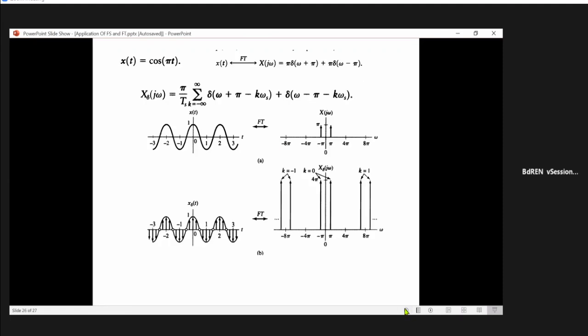We have 2 frequencies, isn't it? What is the frequency? Omega, in plus and minus terms, is equal to pi. Then in our case, what must be the sampling frequency? At least equal to twice pi, isn't it? Yes, in terms of omega.